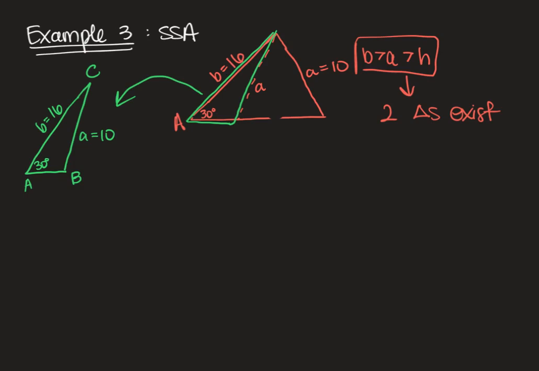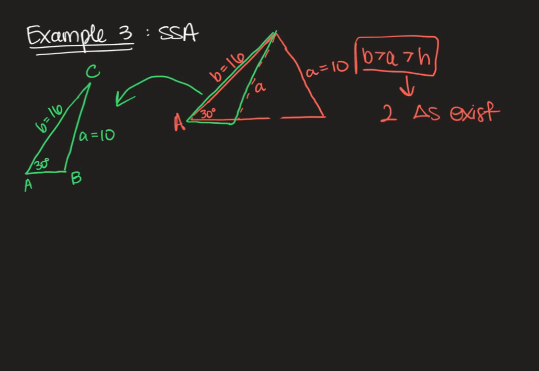So we can think about the pair of opposite angle and side. So this side opposite the 30-degree angle, that's one pair, and we're going to use this other pair to solve for the measure of angle B.